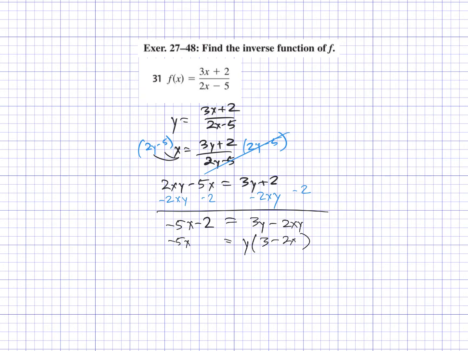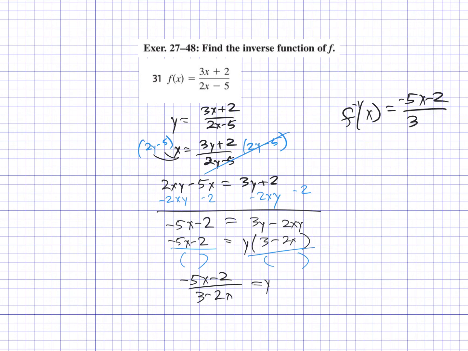Okay. So now what does y equal? We're going to divide off that parentheses. Okay, and we get negative 5x minus 2 over 3 minus 2x equals y. So our inverse should be negative 5x minus 2 all over 3 minus 2x.